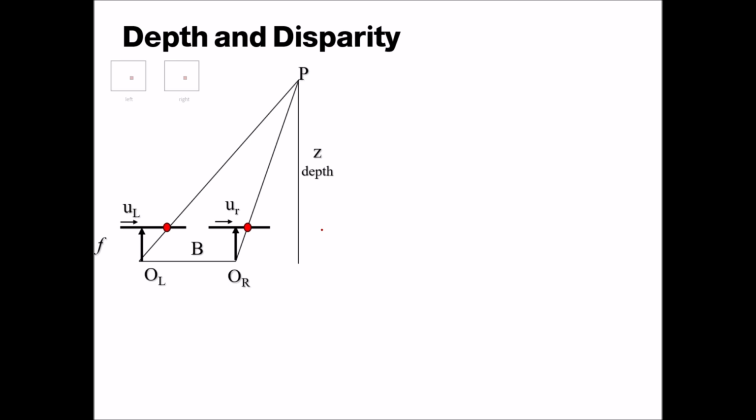The same way, using similarity. The baseline between camera L and camera R is B. B1 is the distance for this big triangle, and B2 is for this small triangle.